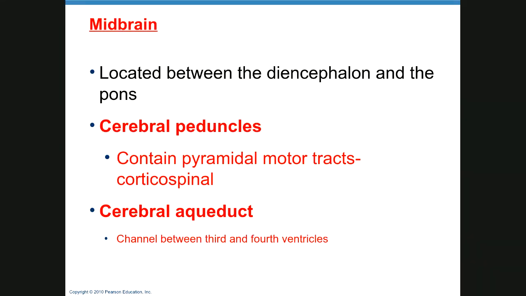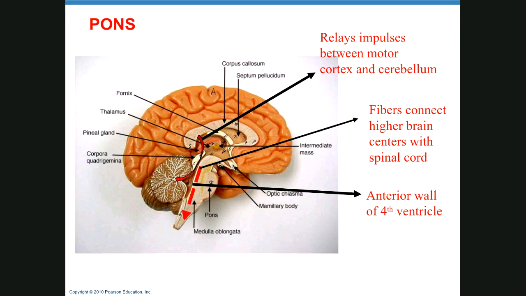Another feature of the midbrain is the cerebral aqueduct, and this one is posterior and is actually better seen from a sagittal view. If you look at a sagittal view of the brain, you can see the mesencephalon right there.